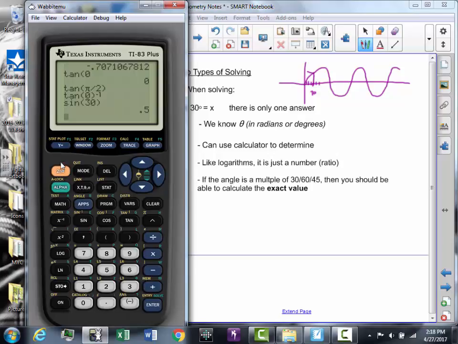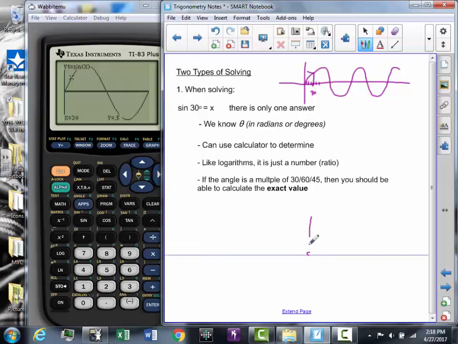I could go to y equals, and oh look, sine's already on that. That's perfect. I could go to my sine graph, make my window go between 0 and 360. Here's my sine graph, just like I drew right there, right? And I could find the value as x equals 30, and it's, again, 0.5. Does that make sense? So there's two ways of solving the question.